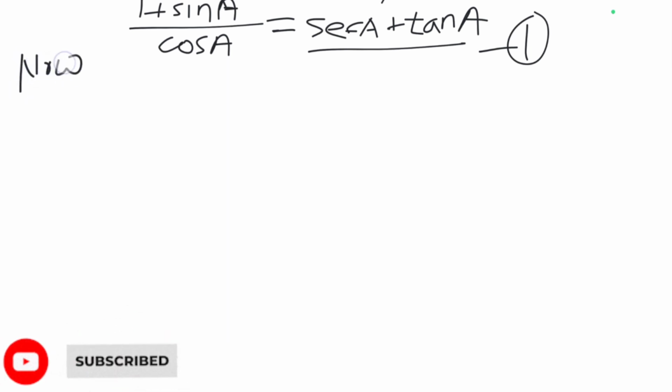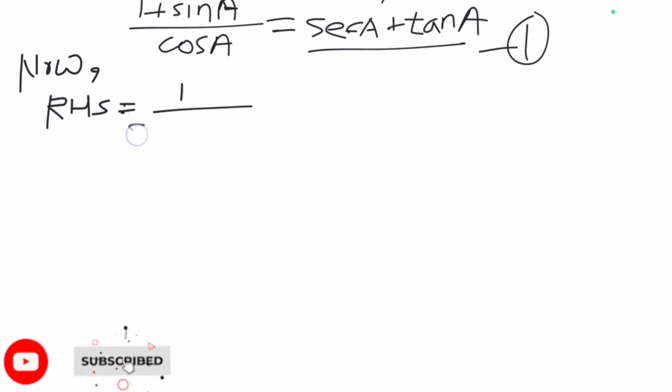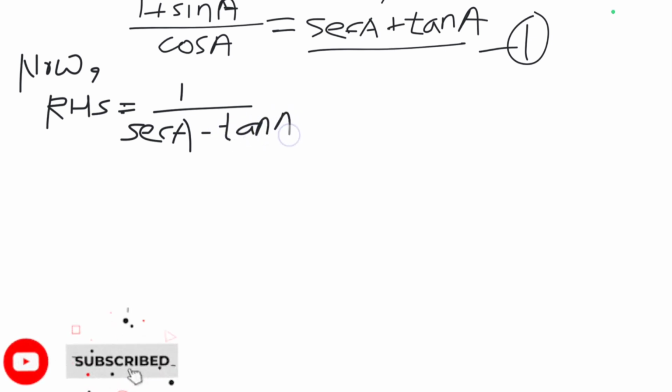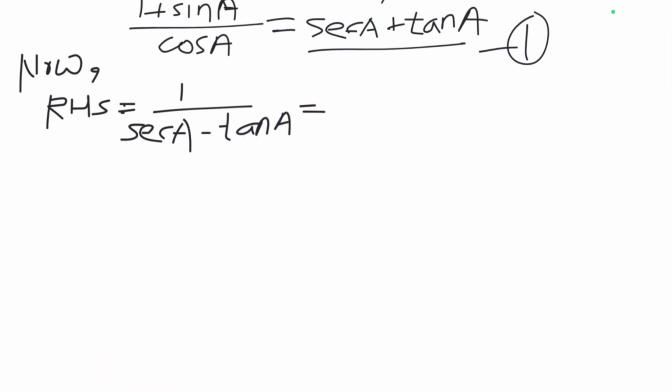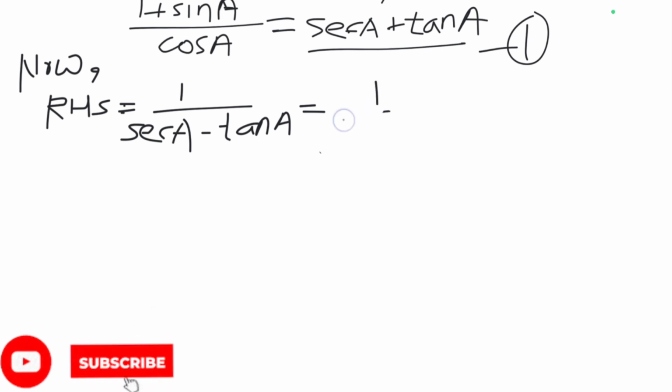So I will write now RHS is equal to 1 upon sec A minus tan A. Now it is written in the denominator, sec A minus tan A. I can rationalize it simply. So I will rationalize this.